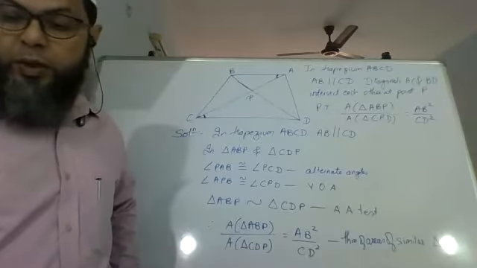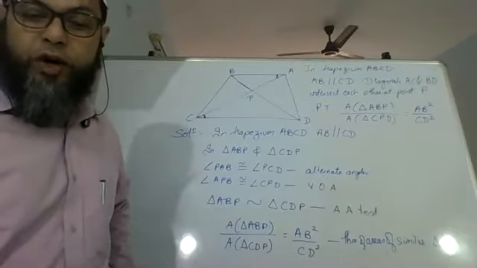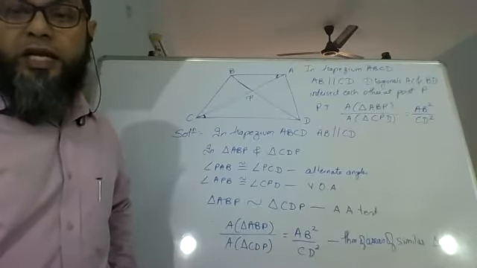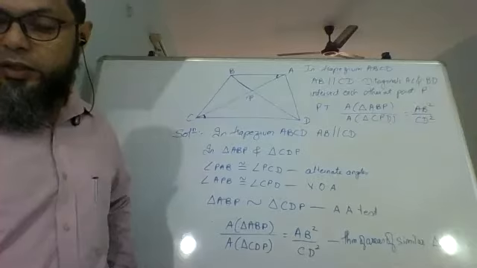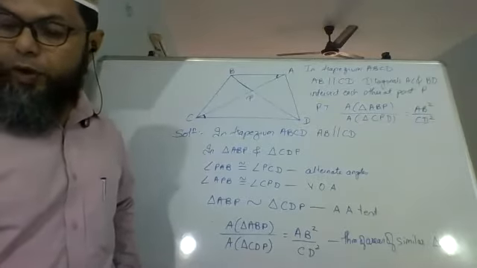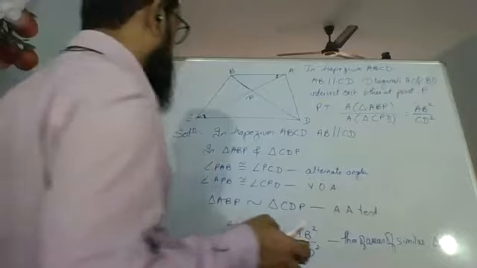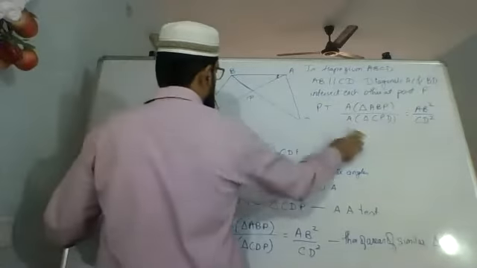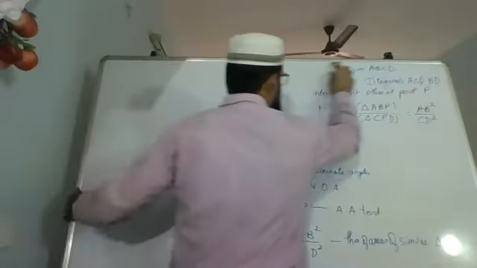We are going to learn some important properties, that is the 30, 60, 90 and 45, 45, 90 properties. So before that, let's first learn the 30, 60, 90 property.